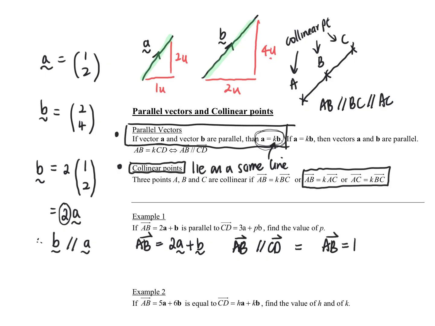AB is equal to K times CD. Just now, above, they told us already, right? If they are parallel, I can write that they are a ratio of each other. So I just plug in now. This is my AB. I write it as 2A plus B. Okay, and then CD they say is 3A plus PB.